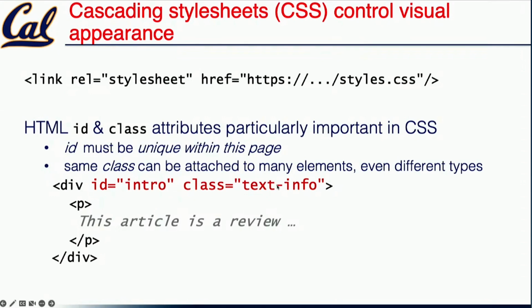Basically the reason we do this is that it's not the only way to attach styling information to elements, but it is one of the most efficient and convenient ways. So if there's a particular element on the page that needs to be singled out for something, you can refer to it by its unique ID. But if there's a group of elements and you want to apply some common styling or some common behaviors to those groups of elements, you might attach the same class or classes to the elements and refer to them that way.